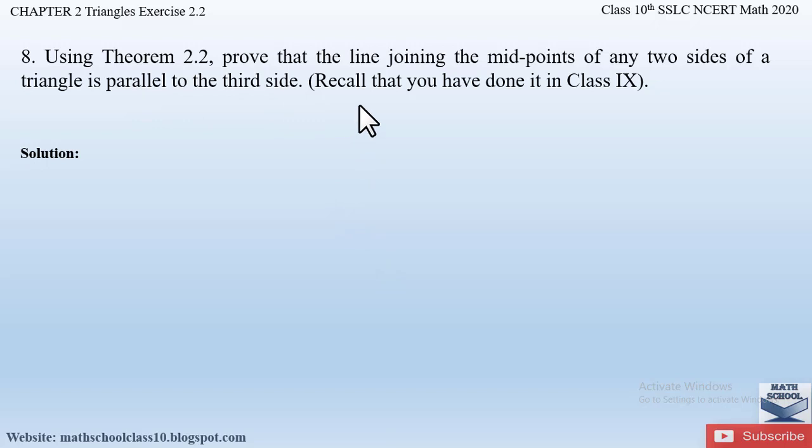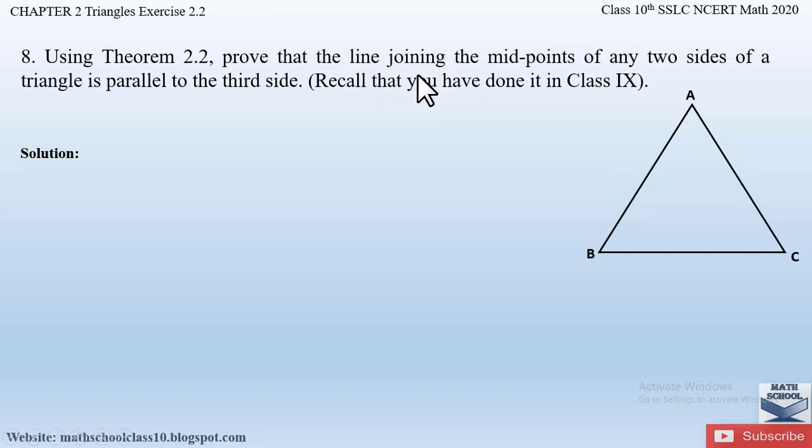So let us first draw the triangle. Let us name this triangle ABC. Here they are saying a line joining the midpoints of any two sides. So let us locate the midpoints of any two sides of a triangle. Let us take the sides AB and AC and locate the midpoints. The midpoint of AB is here and the midpoint of AC is here.